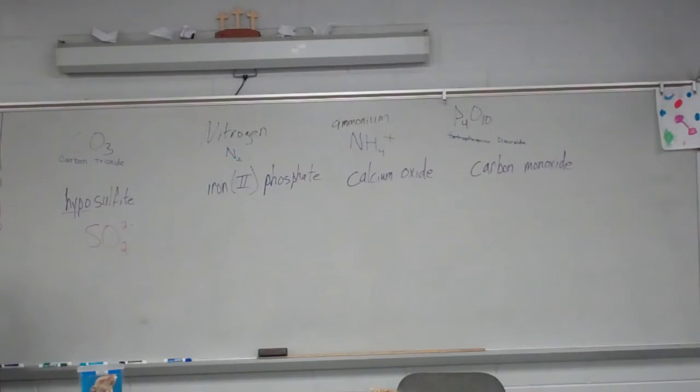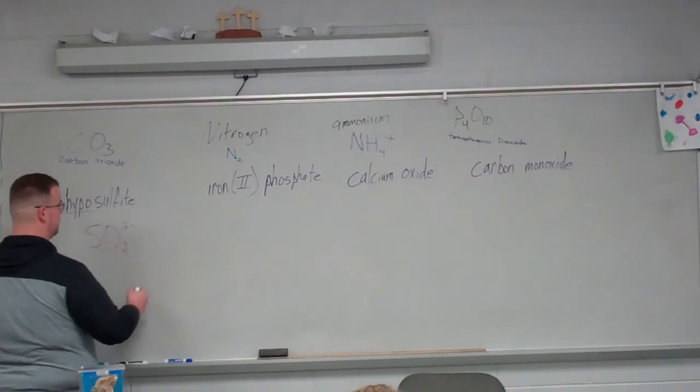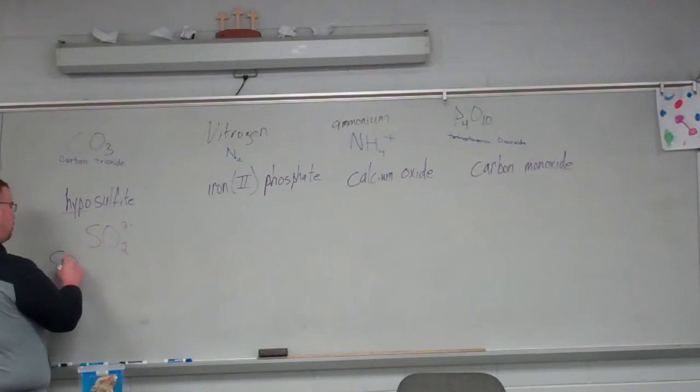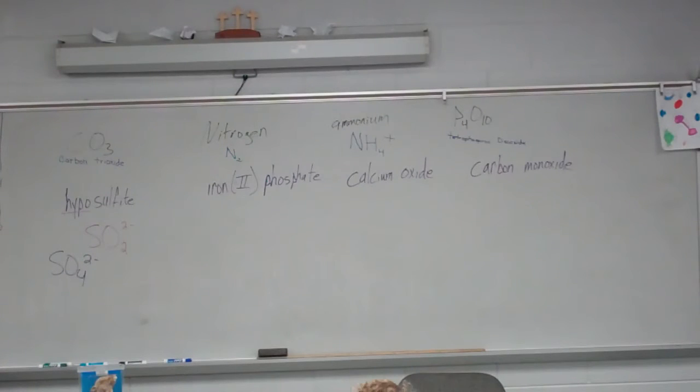What's the root? Sulfate. Look on your list. What's sulfate? SO4 2 negative. How do we know the root sulfate and sulfide? It's always 8. Look at your rules. We did them yesterday.